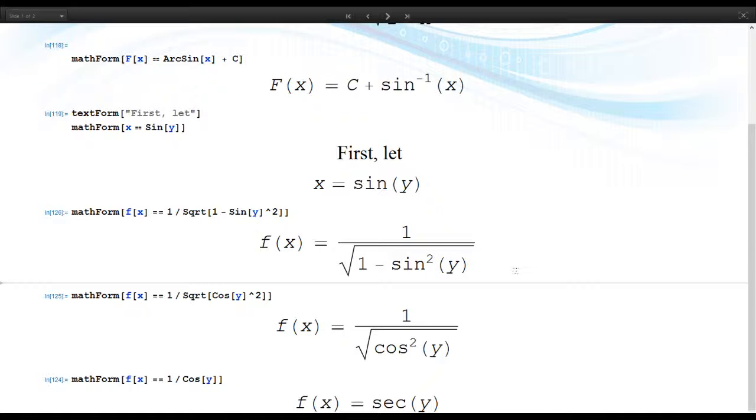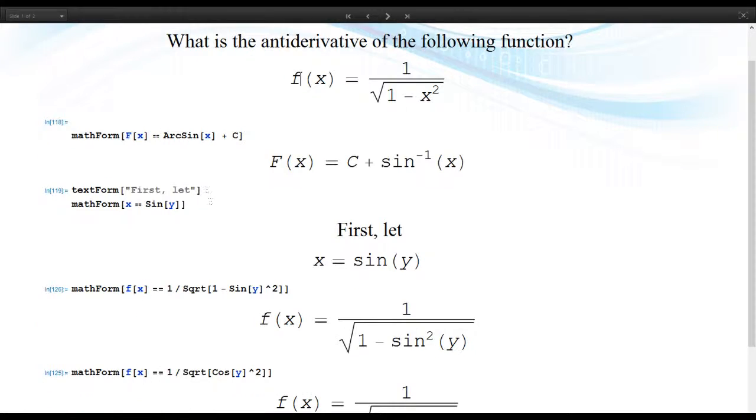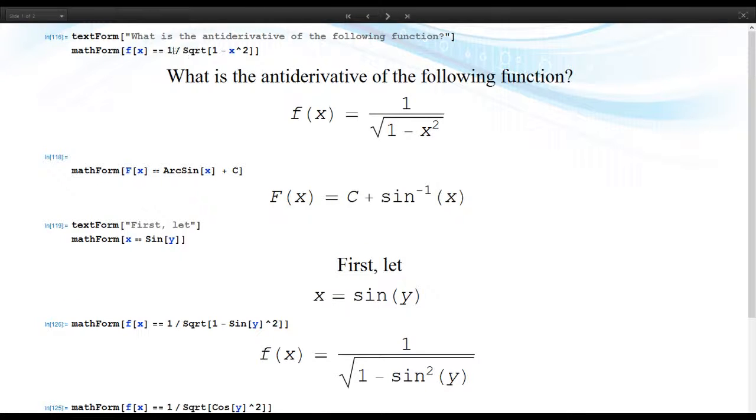But since we were integrating with respect to x at first, we can't just take this integral of secant of y. This expression, written as an integral, is going to be dx over the square root of 1 minus x squared, and then we integrate that to get the antiderivative.